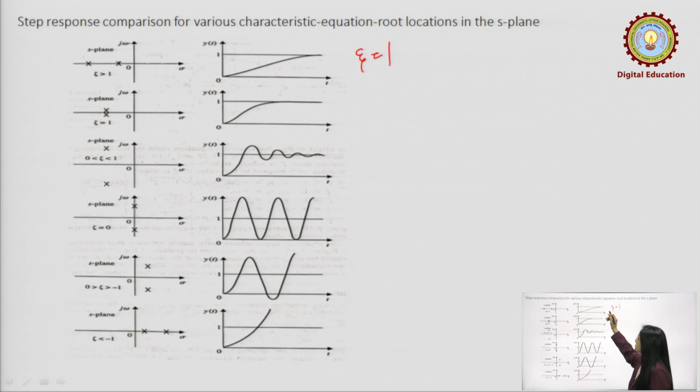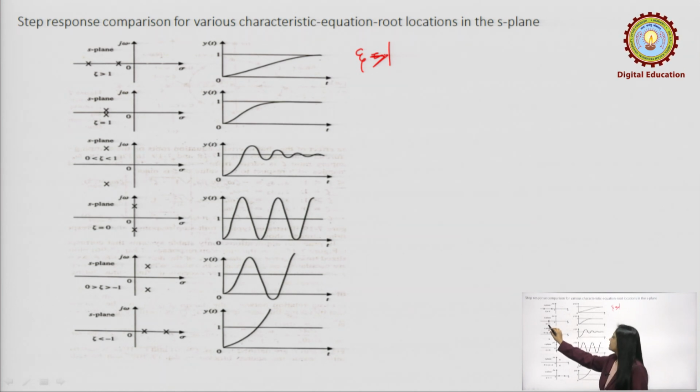Here we can say that this is zeta greater than 1, and for zeta greater than 1, the response takes more time to reach the final steady state value, and when the roots are real and equal, that is the case of zeta equal to 1, and this is the case of 0 less than zeta less than 1.